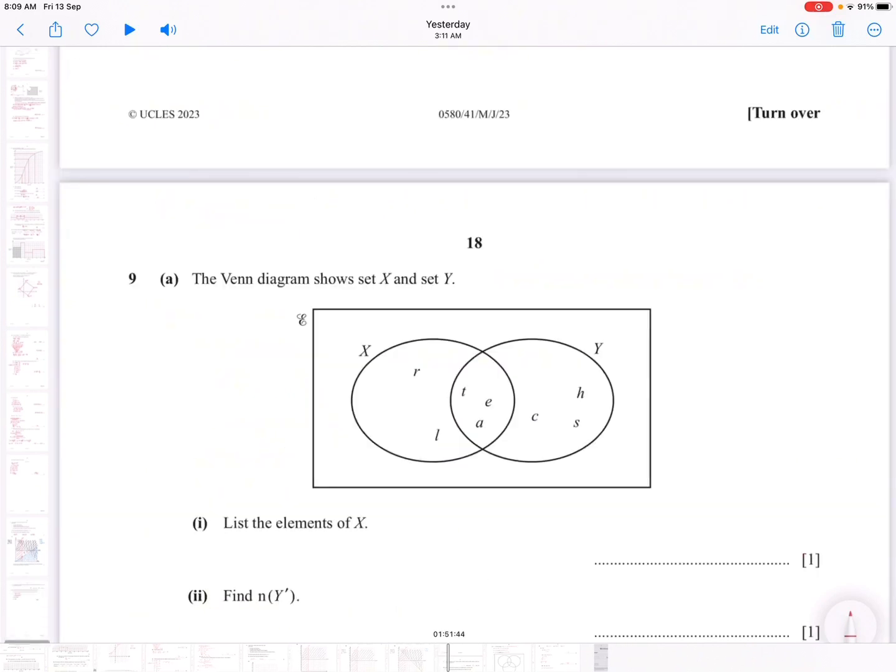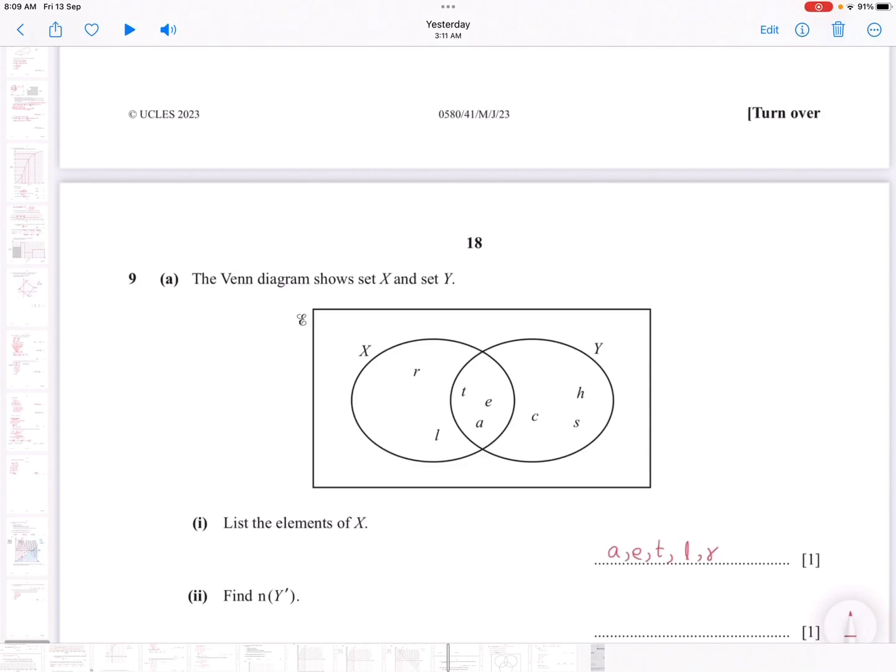Question number 9. The Venn diagram shows set x and set y. List the elements of x. So R, T, E, A, L. These are the elements of x. So write it in the answer space. Find n of y complement. Y complement is other than y.